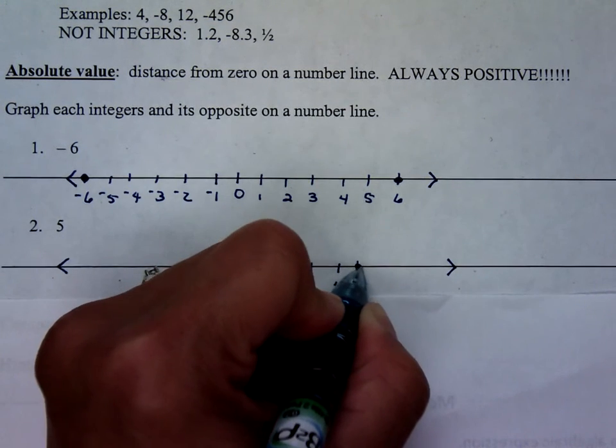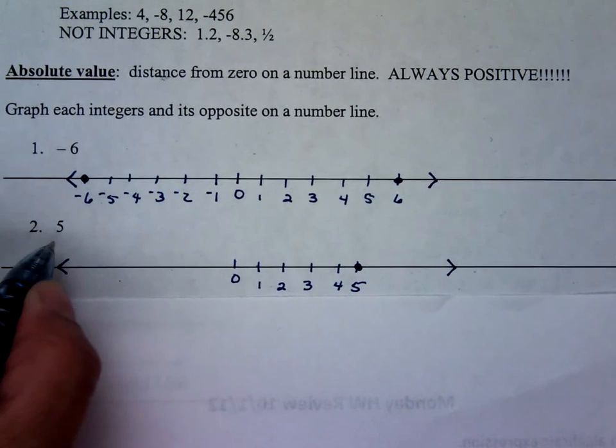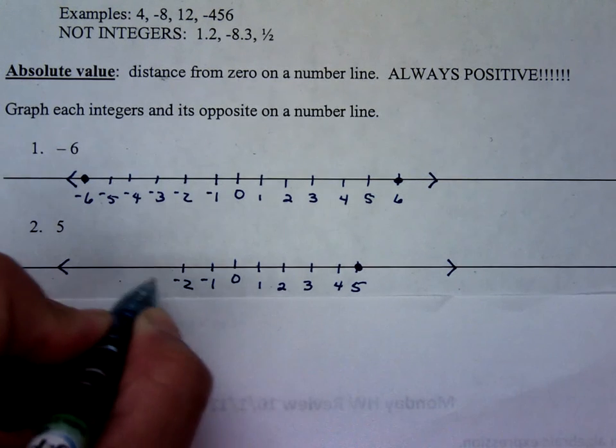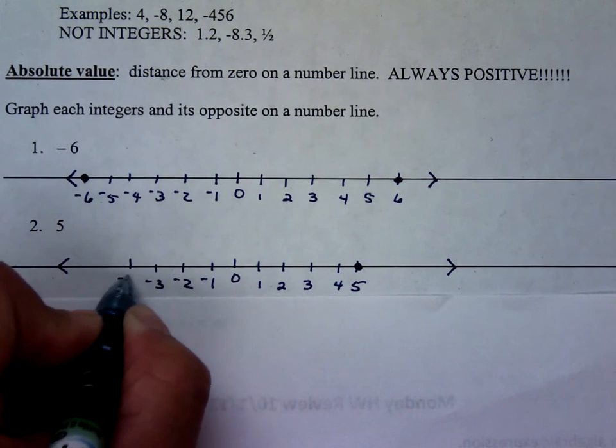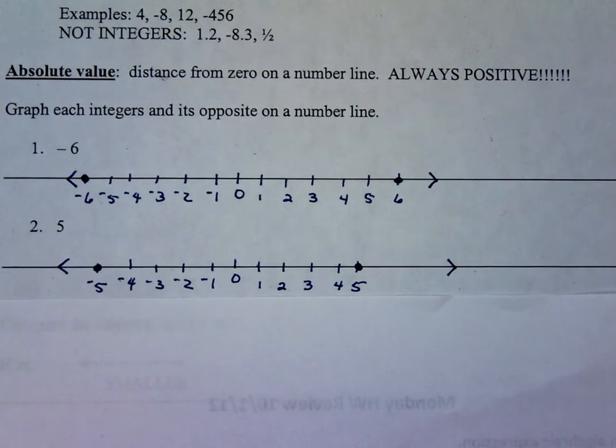Then you have the opposite of +5, which is -5: -1, -2, -3, -4, and -5, and make the dot. So that's how you graph an integer and its opposite.